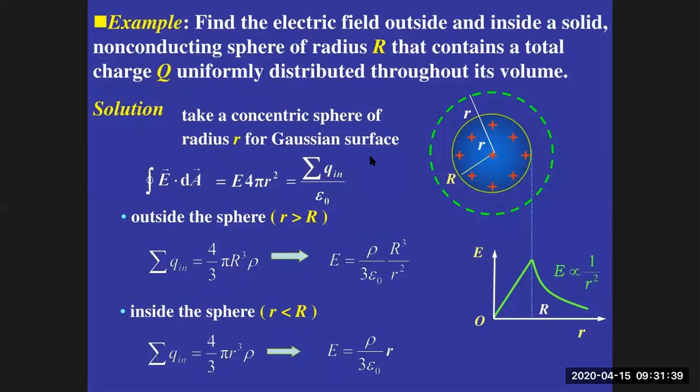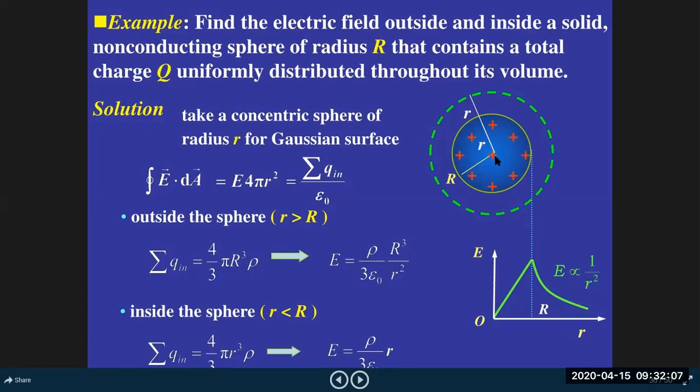Here the charge body is a non-conducting solid charged sphere. So it must be enclosed by another concentric sphere that will enclose it symmetrically. So this is the Gaussian surface. That surface must pass through the point where the electric field is to be determined.